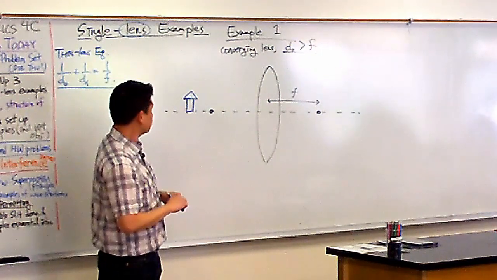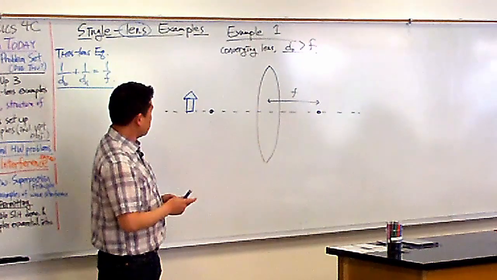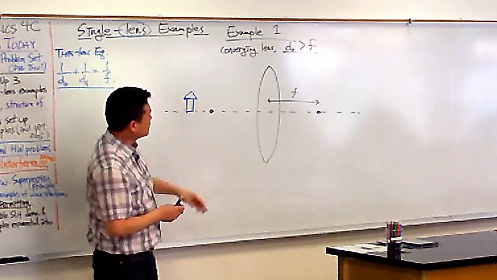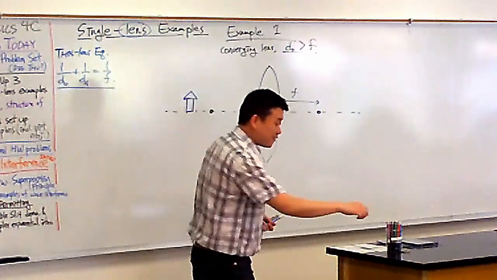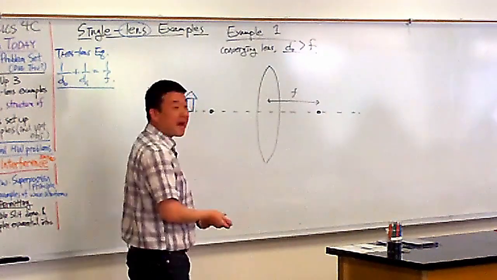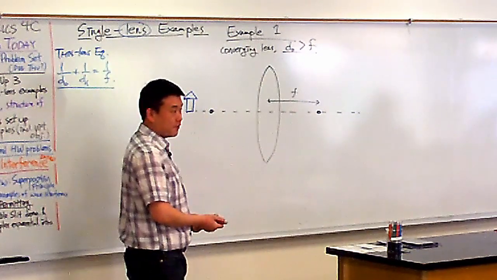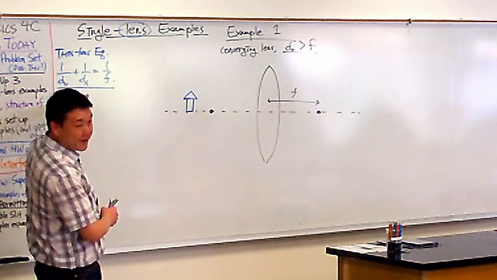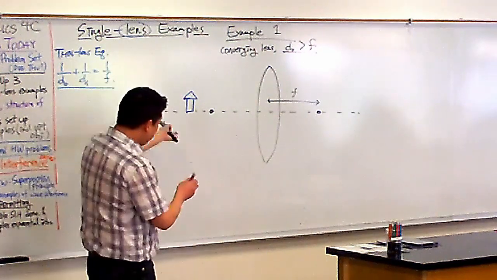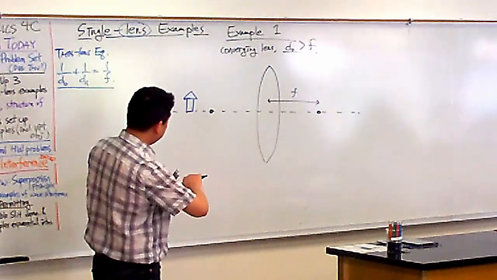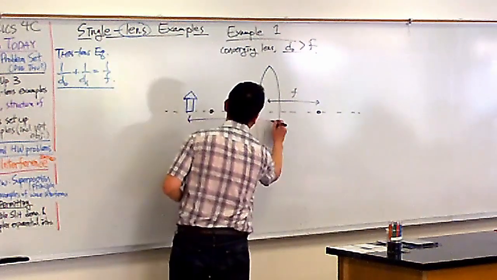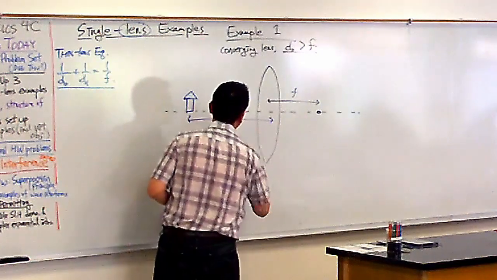When you have a question like this, technically you can do it without drawing any diagrams. It's a sort of trusting this equation. So you could do this question by, all right, you have object distance. This is object distance here.